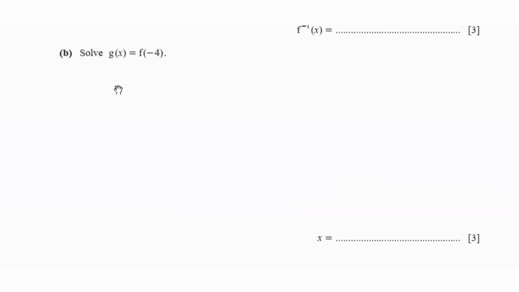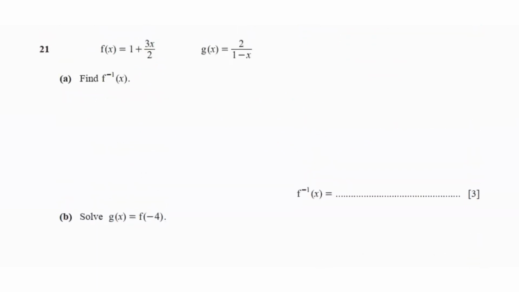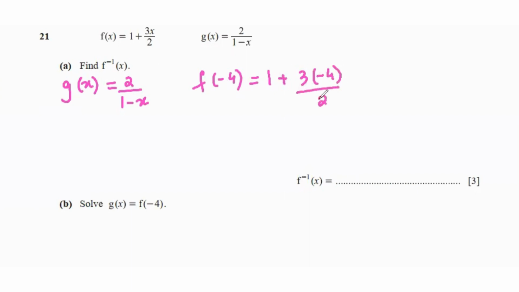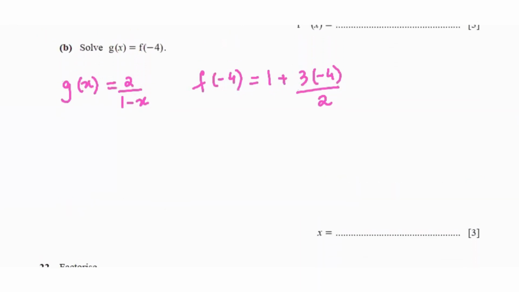Solve g of x equals f of minus 4. G of x is 2 over 1 minus x. F of negative 4 is going to be 1 plus 3 times negative 4 over 2. Basically, negative 4 is your domain now. So you replace x in f of x with negative 4.